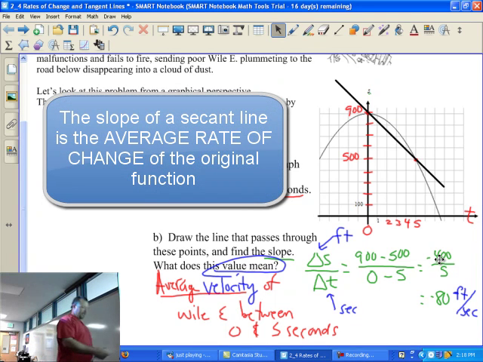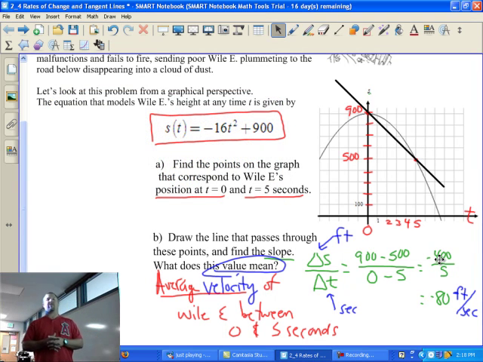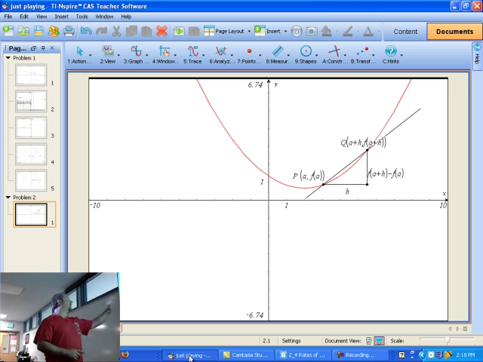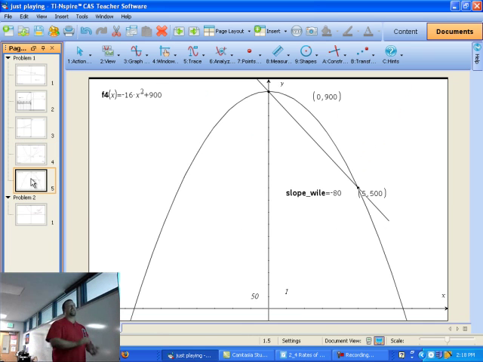Now, to get an idea of how this is going to work, we actually want to find out how fast Wile E. Coyote is moving at exactly 5 seconds. If you remember 2.1, we did this, I think, at 3 seconds, but we kept getting closer and closer and closer. We found the difference in the slopes. Just to have something a little different, we're going to look at this function here.